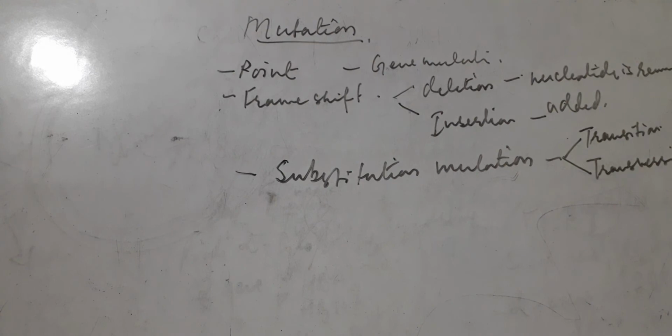Transition, those base pair replacements where a purine is replaced by... sorry, not that, it is transition. A purine is replaced by another purine. Transversion is when a purine is replaced by a pyrimidine, or a pyrimidine is replaced by a purine. So that is the transversion.